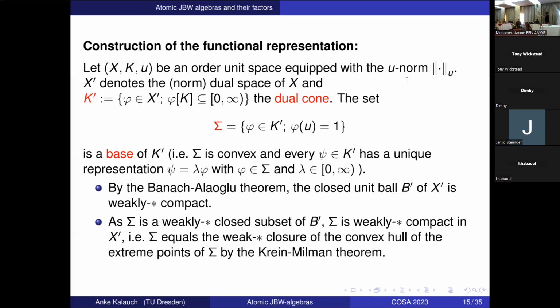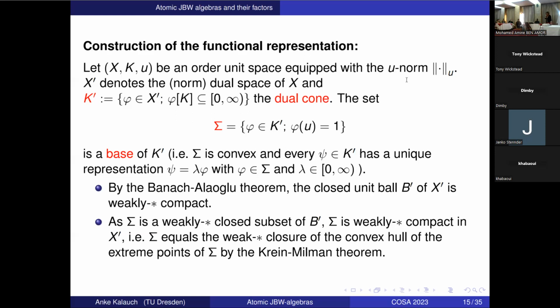This is the sigma. Yeah, sigma is nothing else, but if you have a circular cone in mind, you just take the circle. You just take the intersection. Because the circular cone is self-dual, so you can go to the dual cone, which is also circular, and you take the intersection there. This is sigma. This is a base of the dual cone.